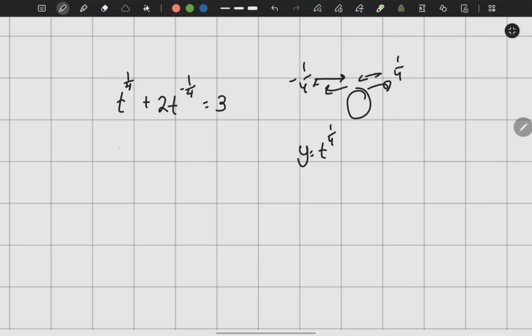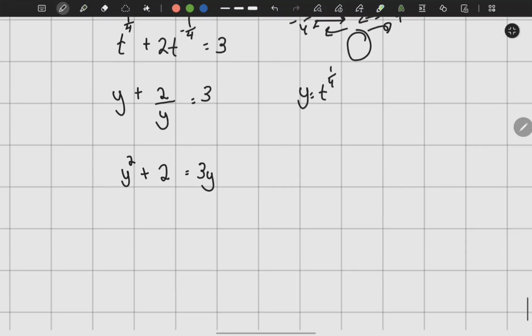And that would allow us to have y plus 2 over y equals 3. Then we can just multiply by y to get a quadratic. So either they are half to the left, half to the right, or they are half of each other.